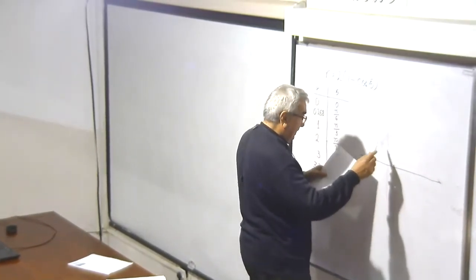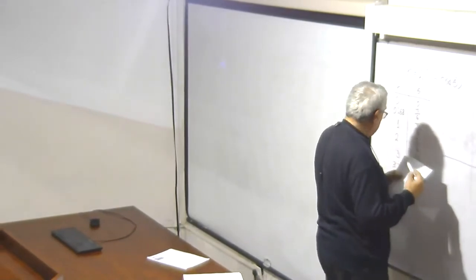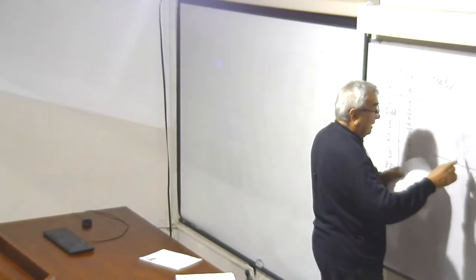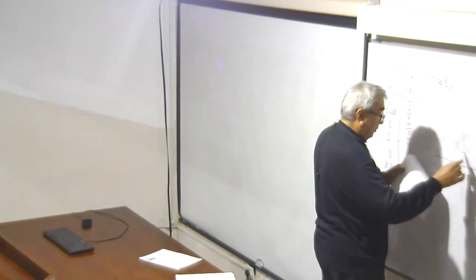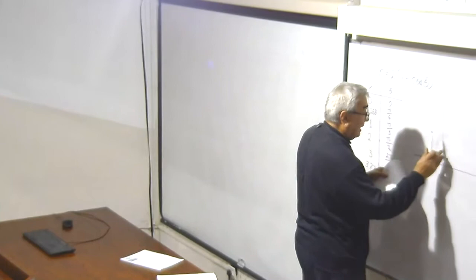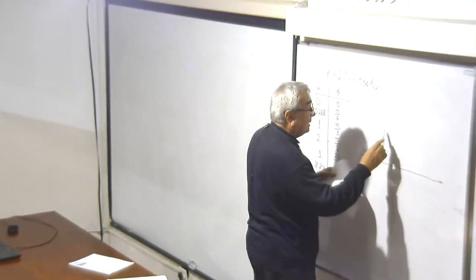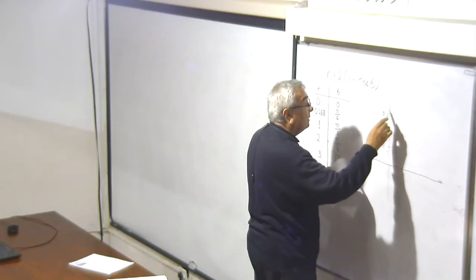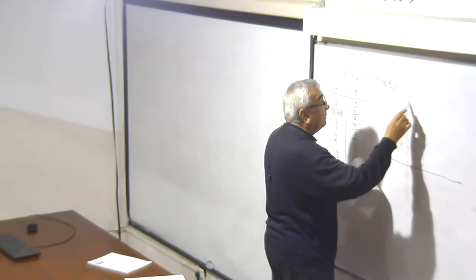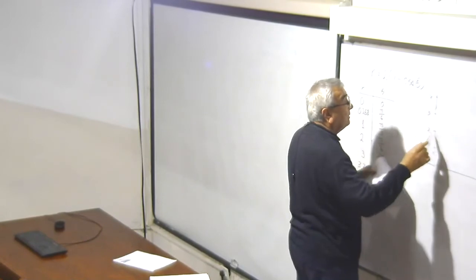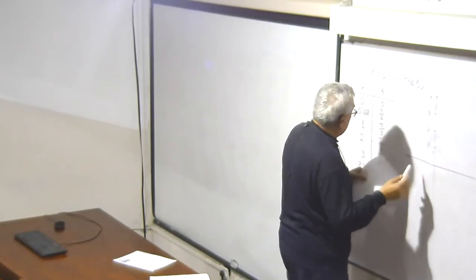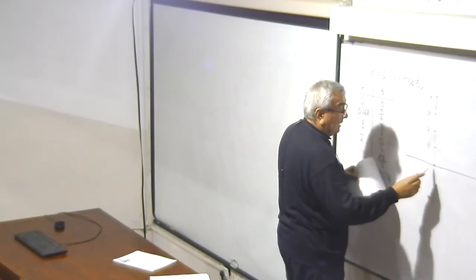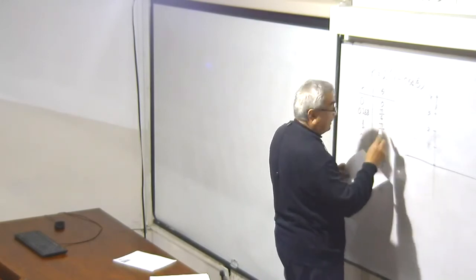That means here the point, the maximum point is 4. Here is 1, 2, 3, here is the 4. Okay, that means 0, this point, then angle equal to pi by 3.